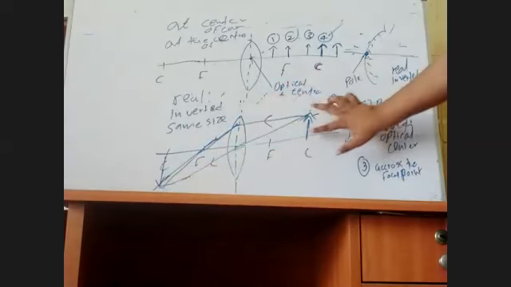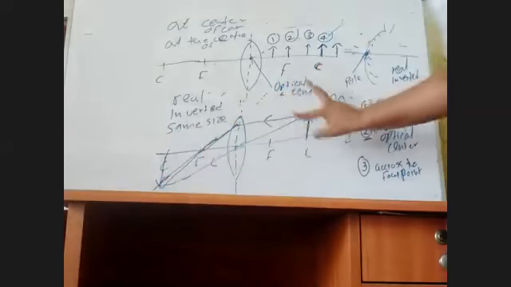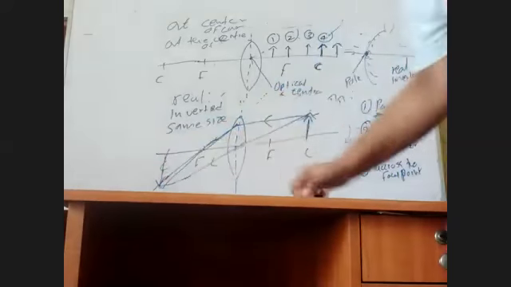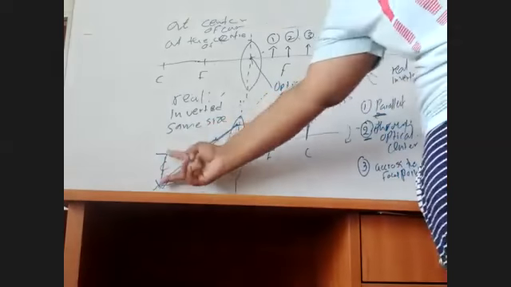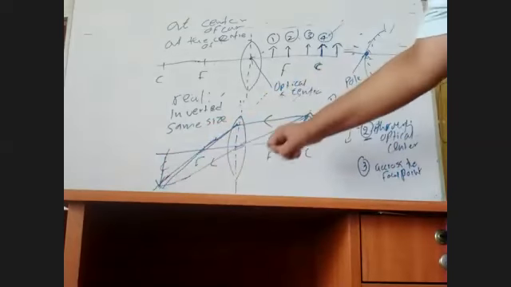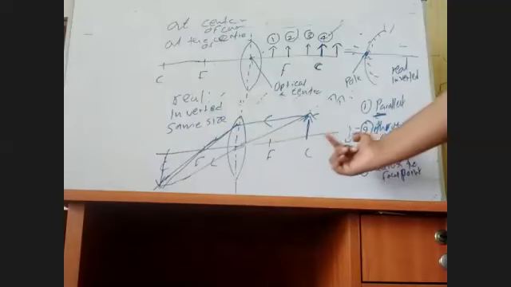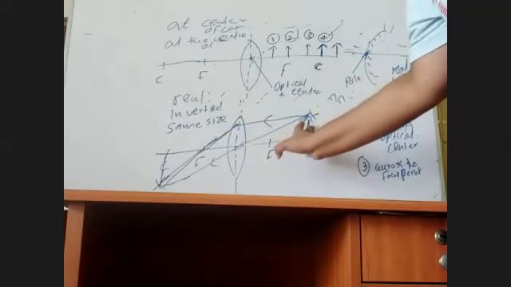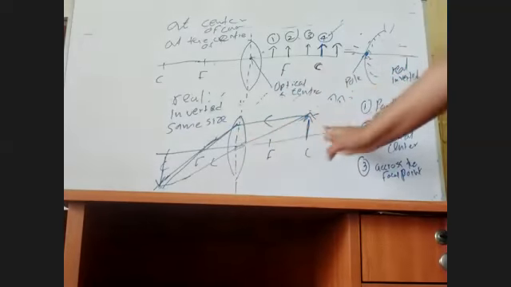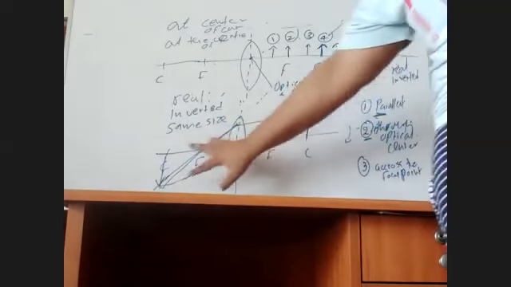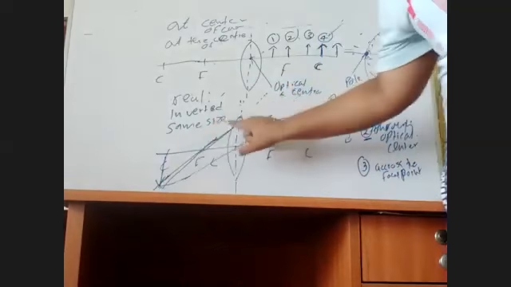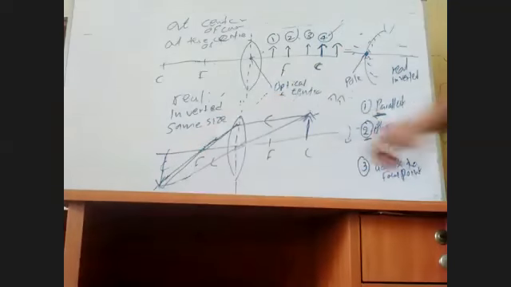Okay, but it is an inverted image. Inverted image means upside down of the object. So the formed image is an inverted image and the same size as the object. If you draw it to a scale, you will observe that the image is the same size as the object, and it is real because it was formed due to the passing of real rays.